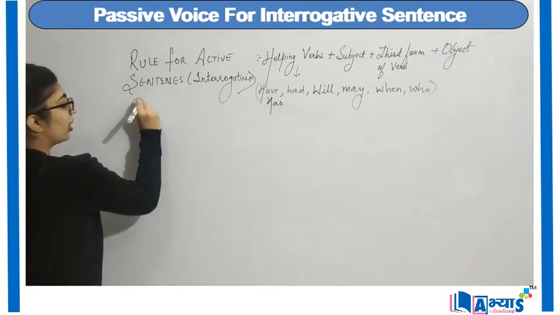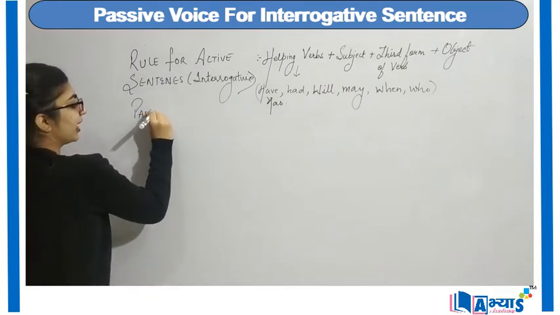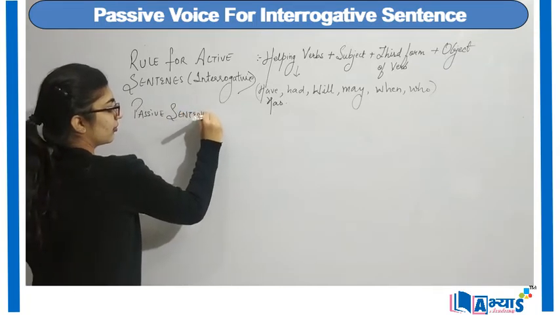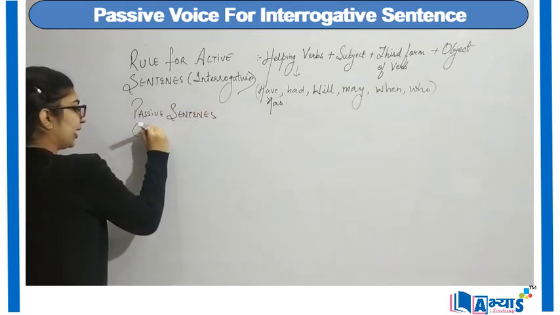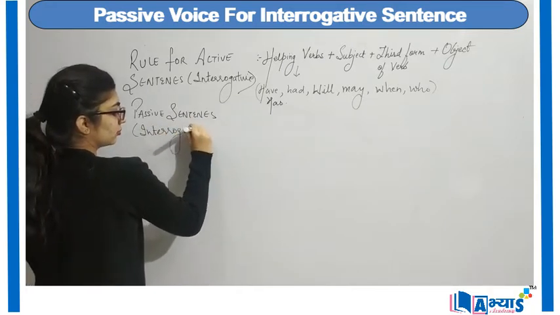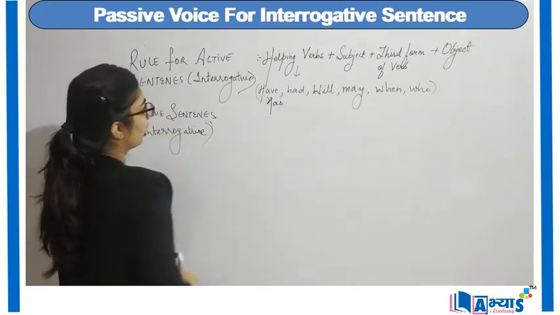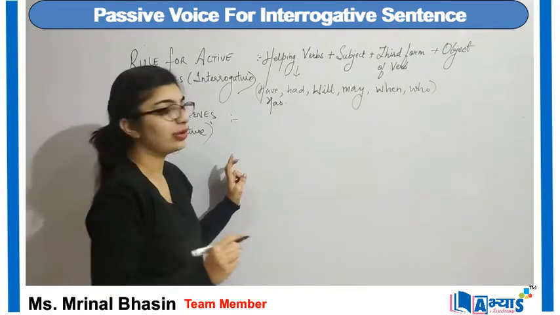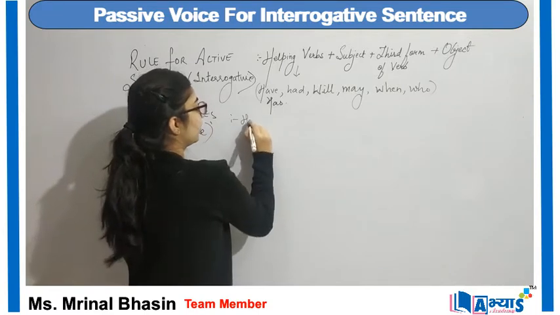And the rule for passive sentences in interrogative form. For interrogative form, again it will begin with helping verbs.